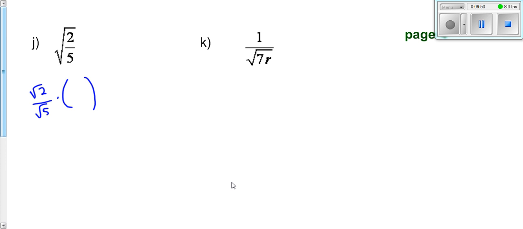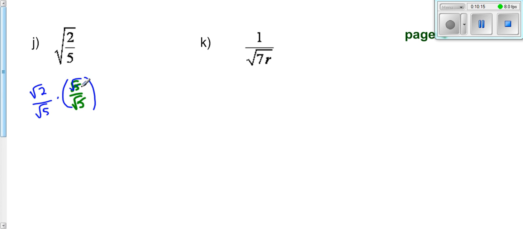So let's see, I have to multiply it by 1. Well, it's a fraction. Maybe I'll multiply it by a fraction. There are lots of fractions in the world that equal 1. How about this one? Square root of 5 over the square root of 5. Yeah, that's going to be it. Multiply by the square root of 5 over the square root of 5.